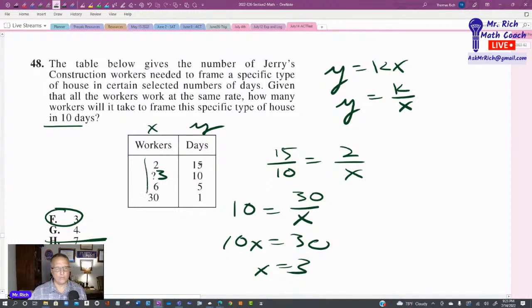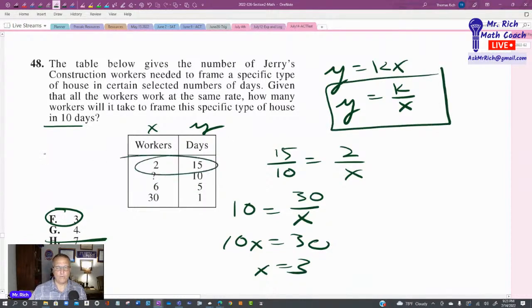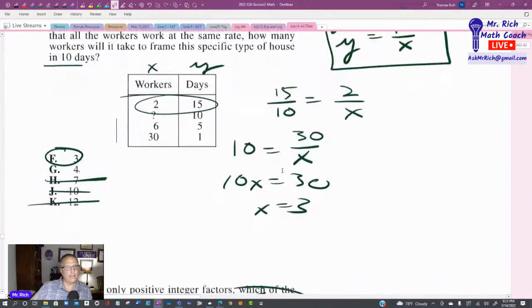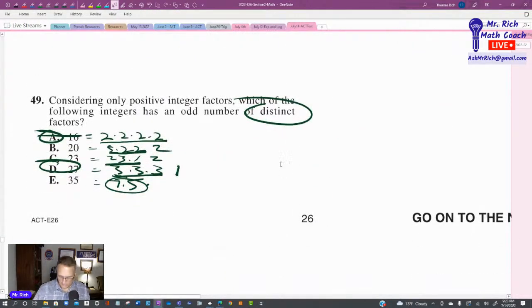That means as one variable goes up, the other one goes down. And so you choose this one. Your job then is to take one of the ordered pairs and plug it in to find out what k is. That's what I did. I found it was 30. So that was where that came from. And then let's check 49.